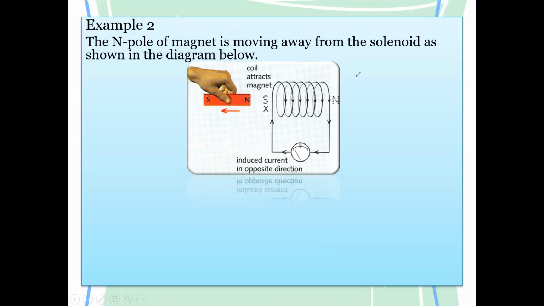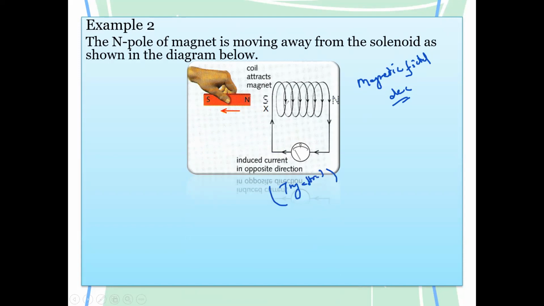Now what happens for the solenoid? The magnetic field is decreasing, because the magnet is going away. So this solenoid will try to oppose the change. If it is decreasing, it will try to increase, or it will try to attract.